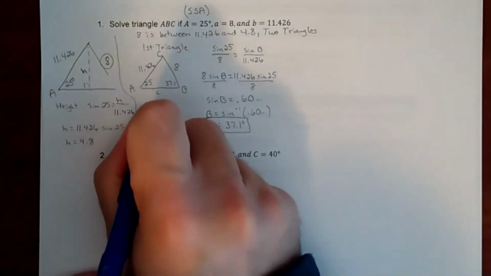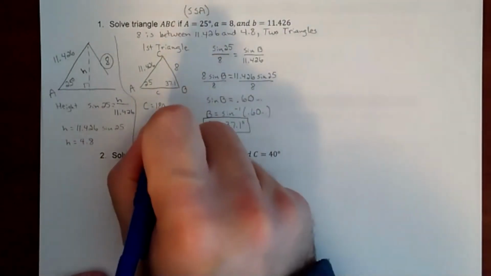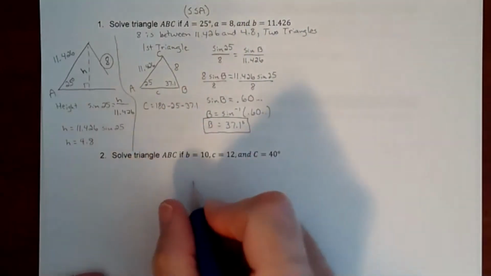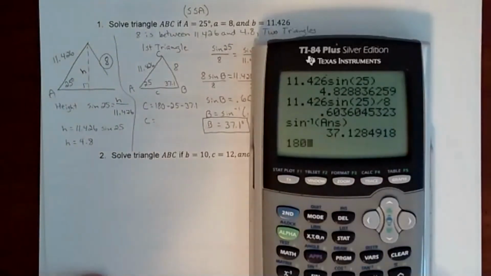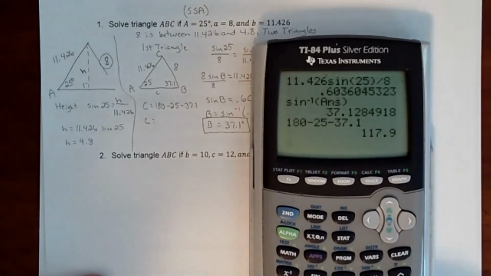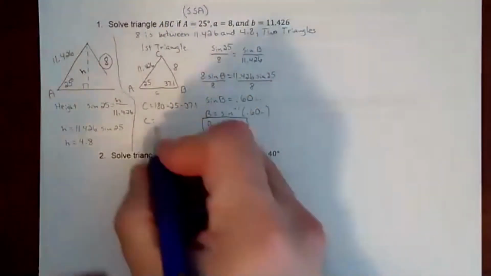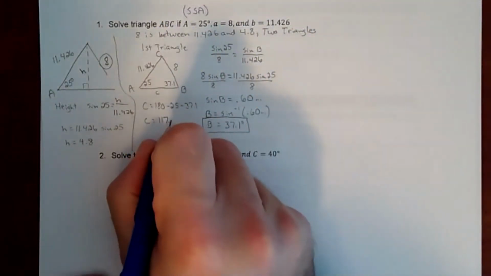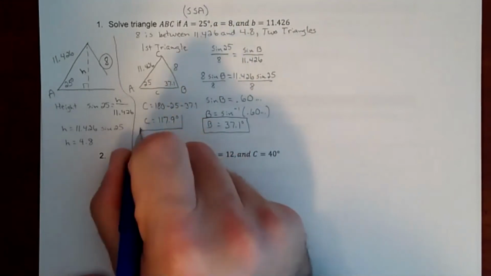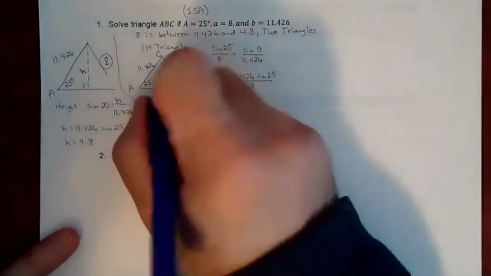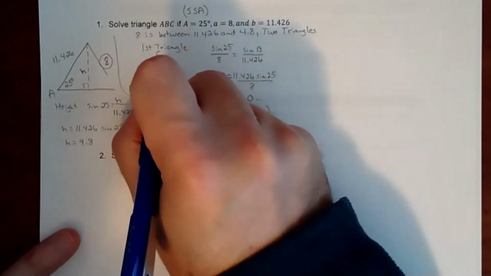So angle C is going to be 180 minus 25 minus 37.1. So 117.9 for that top angle. All right, so we have our two angles. The only thing left, so that's 117.9.